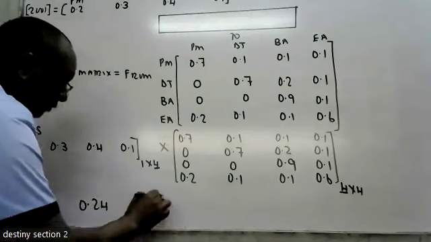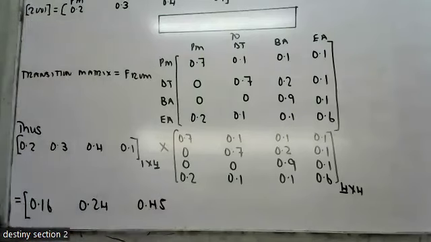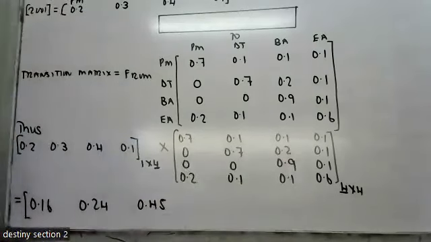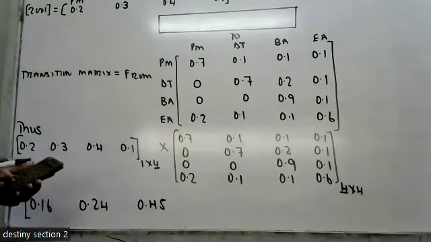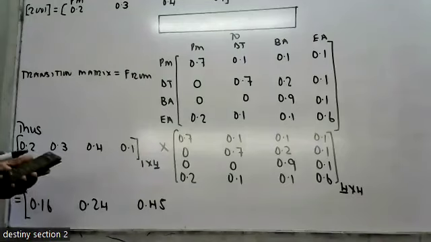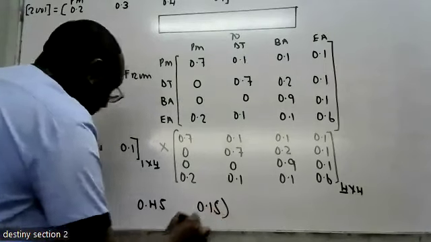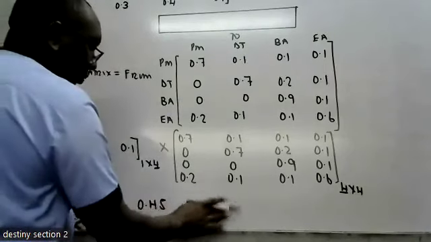I'm getting 0.45. Now this one, you can either multiply as we have done, or you can subtract these 3 from 1. Either will work. So if I choose to multiply 0.2 multiplied by 0.1 plus 0.3 multiplied by 0.1 plus 0.4 multiplied by 0.1 plus 0.1 multiplied by 0.6, I'm getting 0.15.